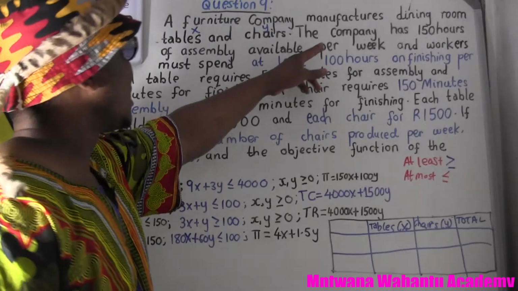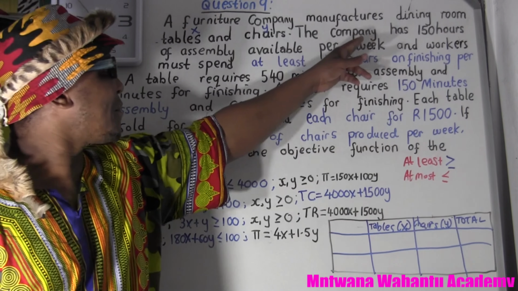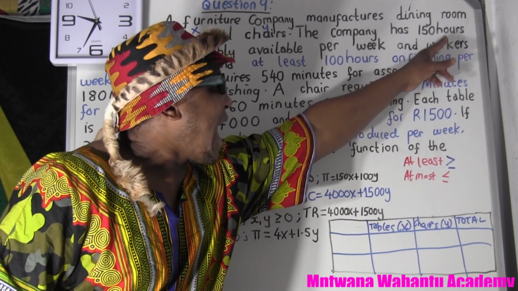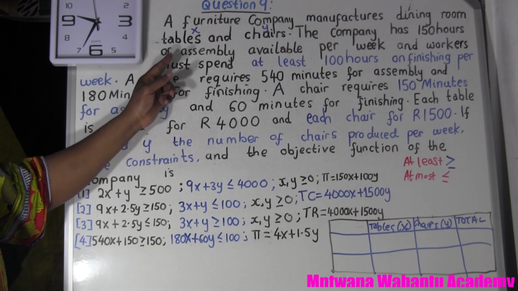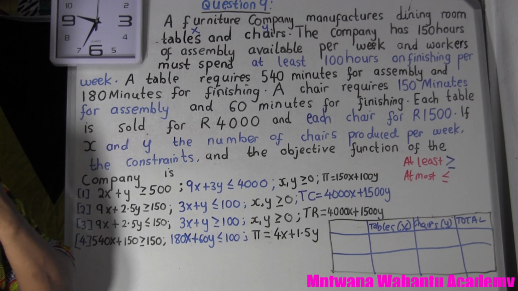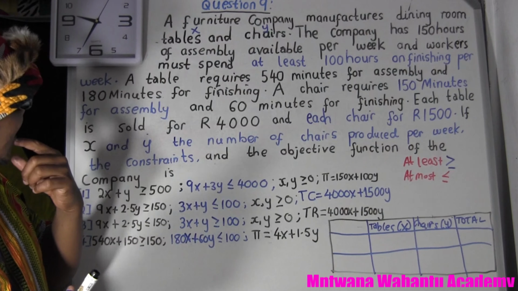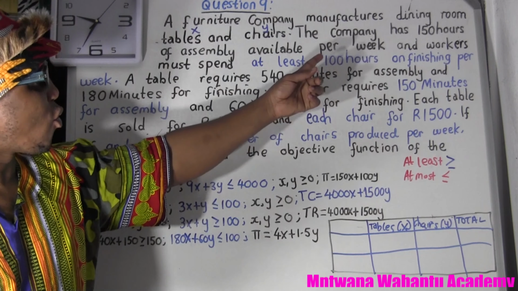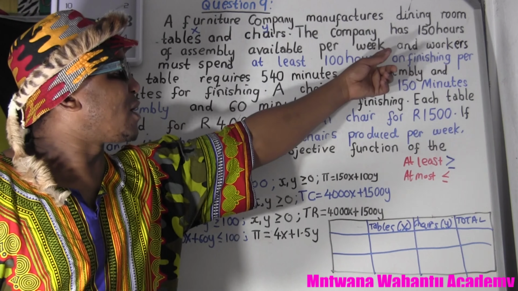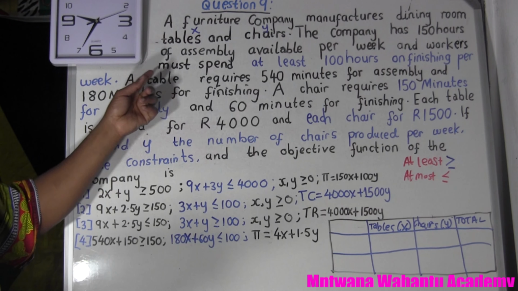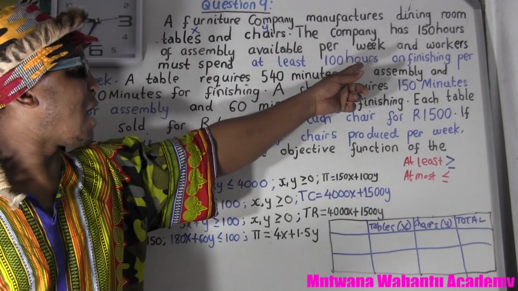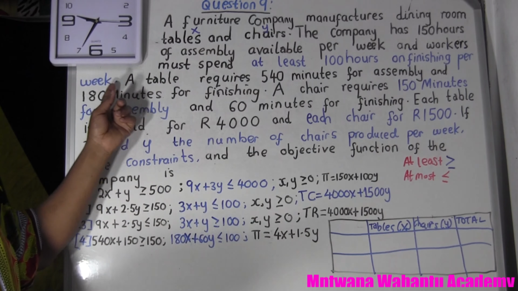Let's continue. The company has 100 hours of assembly per week, and workers must spend at least 100 hours on finishing per week.